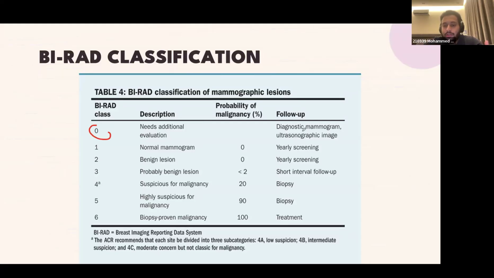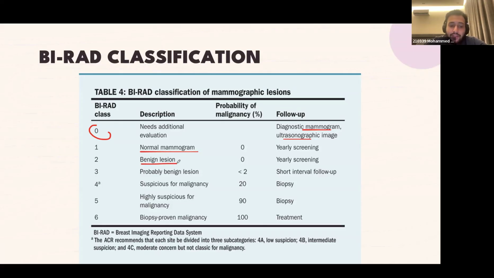So what we do for them is a mammogram or ultrasound. If they are above 40, which one do we go for? Mammogram. If they are below 40, ultrasound. Good. If we do a screening mammogram, which is usually above the age of 30, and they have nothing on it, what do you do? You just screen them regularly. They are normal.